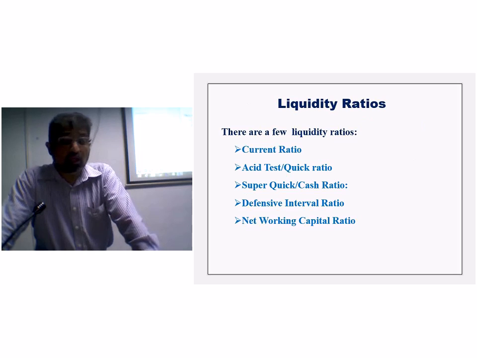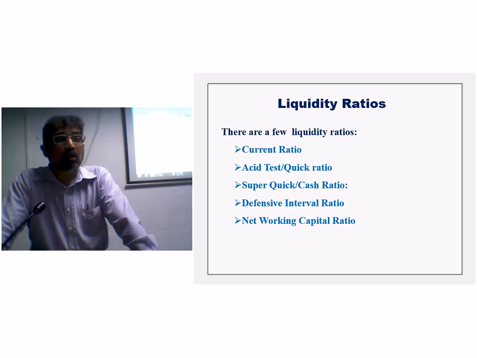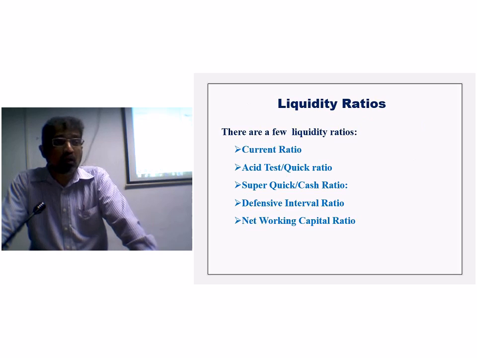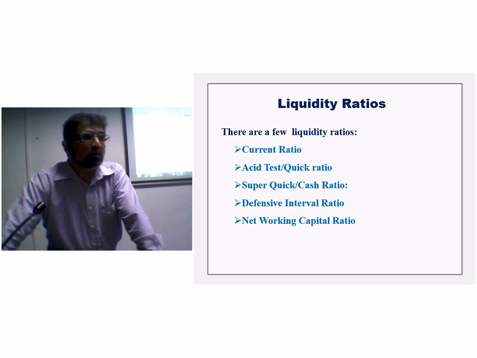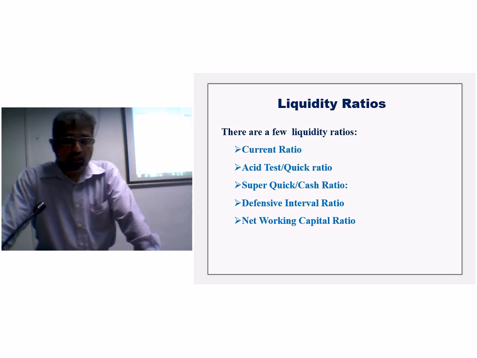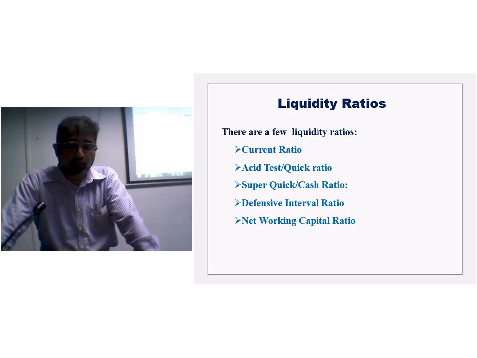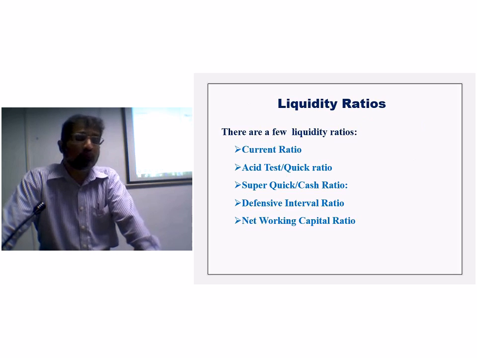Under the quick ratio, we are considering only the liquidity, the liquid or the quick assets, right? Quick assets as a ratio of short-term commitment or current liability. Super quick ratio. Under the super quick ratio, we are ignoring the less liquid assets from the current assets.